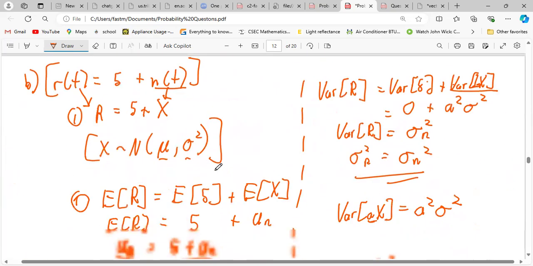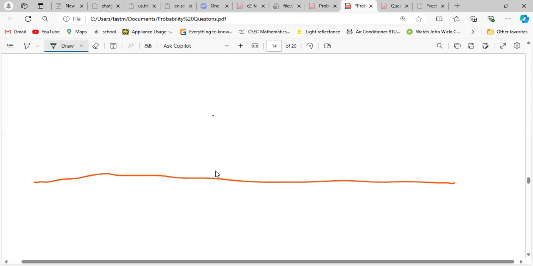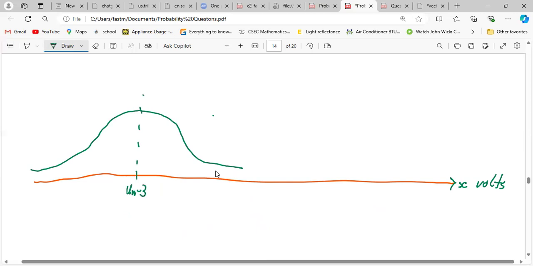So what that means is if I were to draw a big bell curve, we have two things happening. Remember, you have a 1 and a 0, and the x-axis here is the volts, being interpreted as either a 1 or a 0. You have your first bell shape, which is centered at mu n minus 3, and this extends, remembering that it never touches 0.